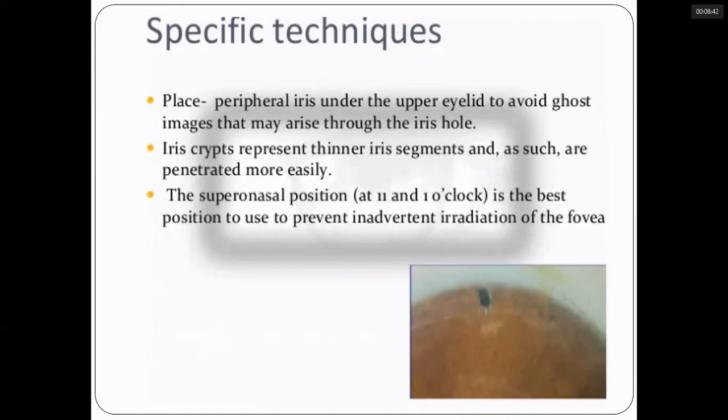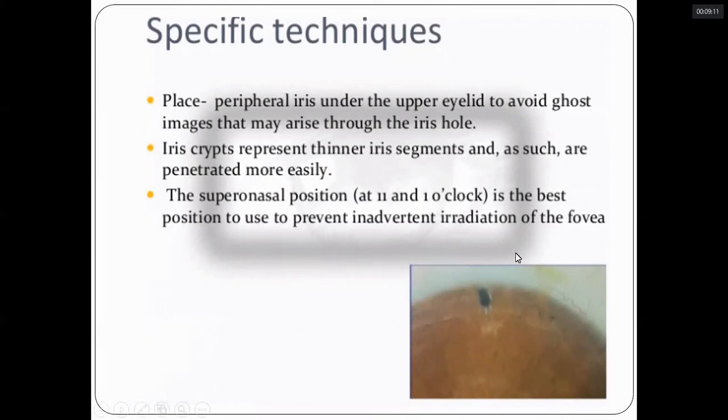So this is the beauty of the YAG PI. You see, we do it in the peripheral part of the iris at the upper 11 o'clock or 2 o'clock position, which is suitable. There are so many criteria for this. Like a slit lamp, there will be a laser machine where we put xylocaine and pilocarpine, make the patient ready, and just make a hole like this.